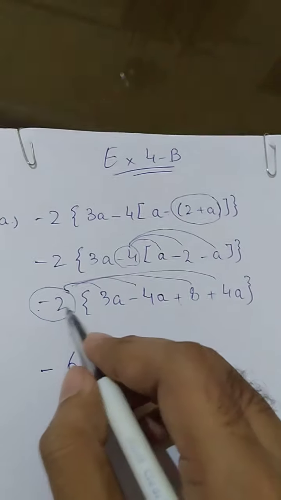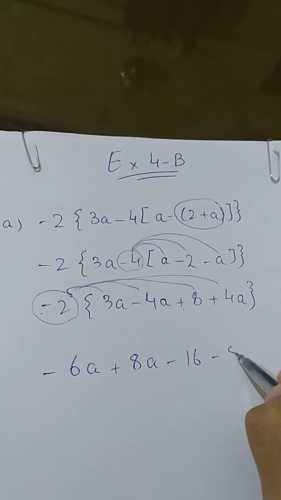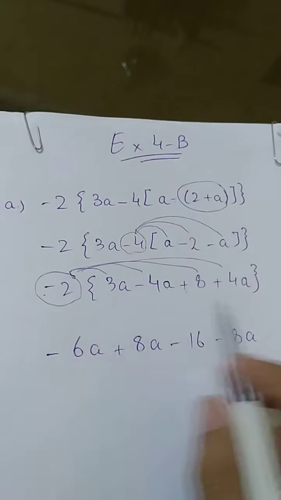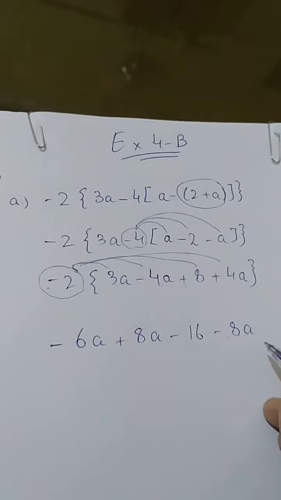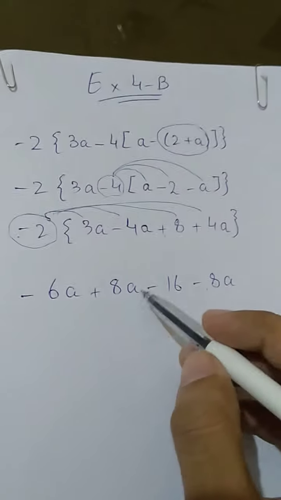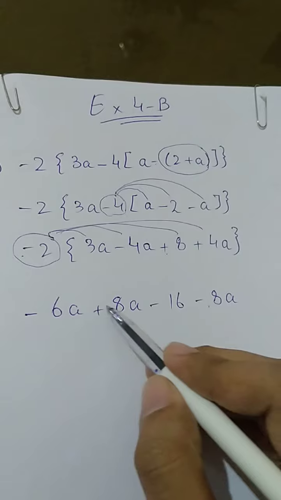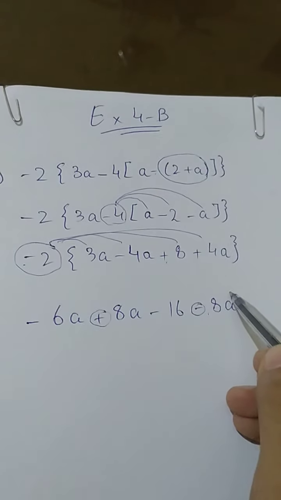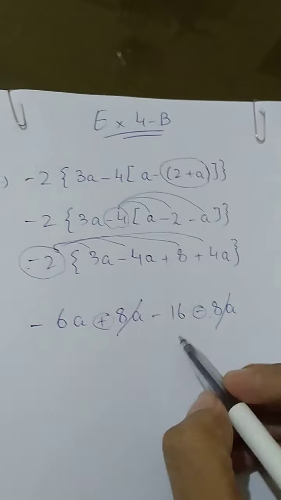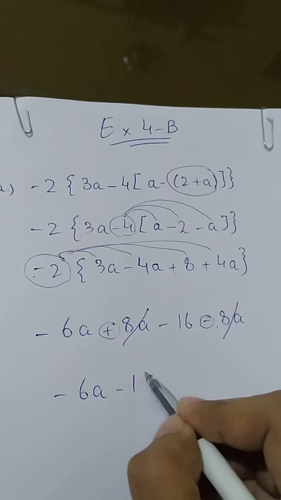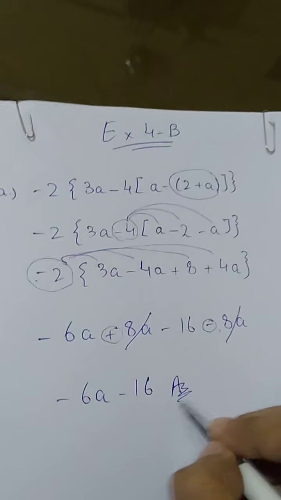Minus plus minus 2 times 4 is 8a, so plus 8a. As you can see here, the a values, plus 8a minus 8a, same value with opposite sign, will be cancelled. And now the final answer would be -6a minus 16. This is our final answer.